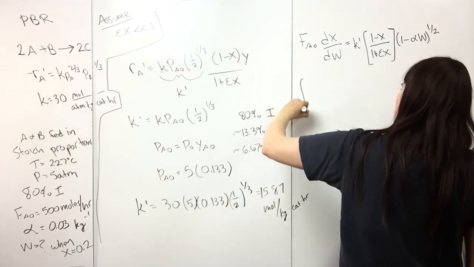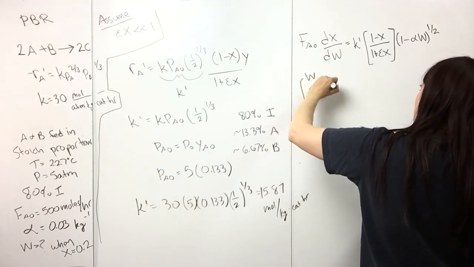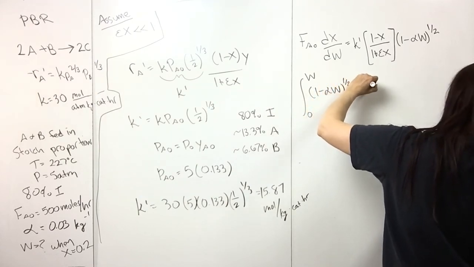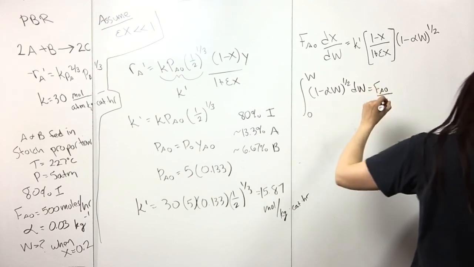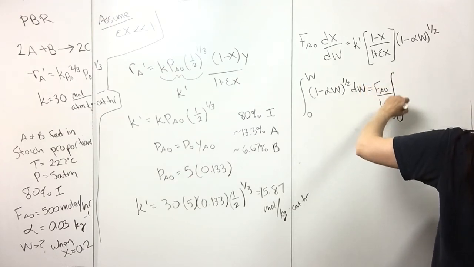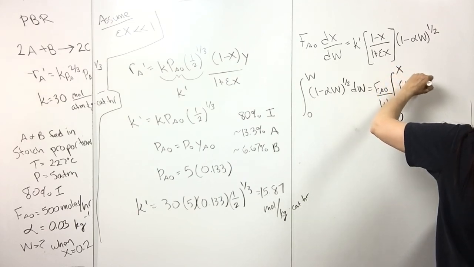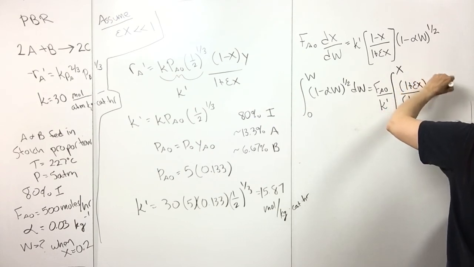So we have the integral from 0 to W of (1 minus alpha W) to the 1/2 dW is equal to FA naught over K prime, the integral from 0 to X of (1 plus epsilon X) over (1 minus X) dX.